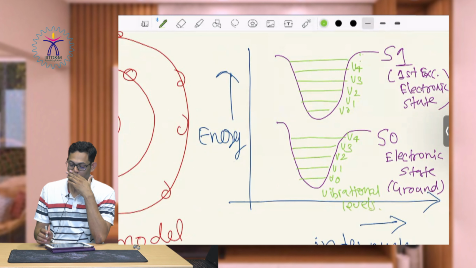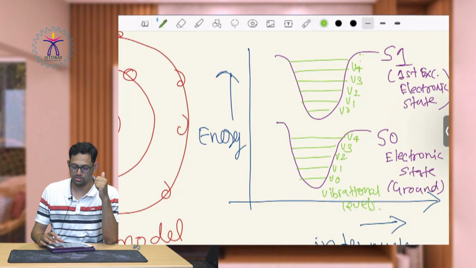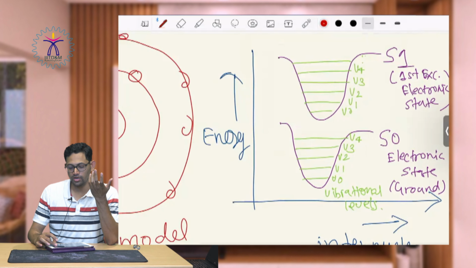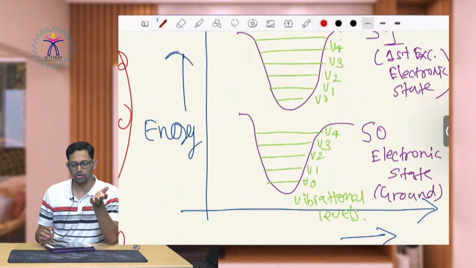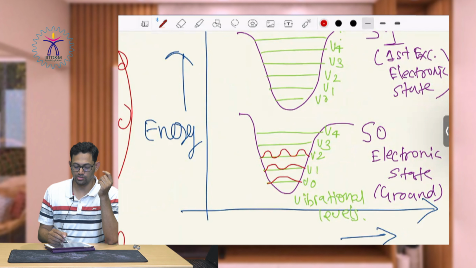Okay, so each electronic state has its own specific vibrational levels where the electron can survive, and if you would like to see the probability of the electron surviving on those particular vibrational levels, you will see that it would be something like this, for example, and then it will be something like this. So it comes up based on the probability.